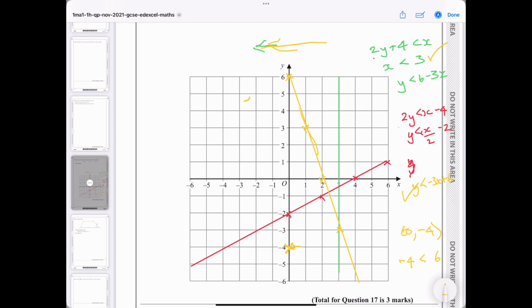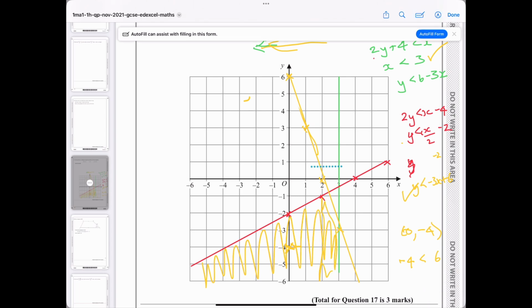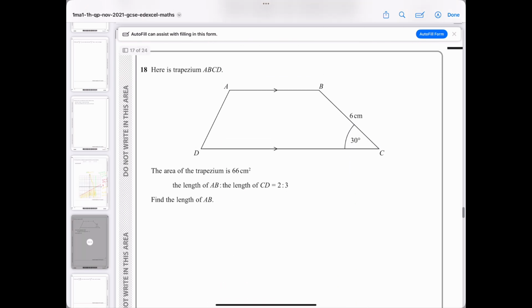And if I try this one here, let's try minus 4, half of minus 4 is minus 2. So that also fulfills that. So actually it's this bit here that we were going to use. There we go. Right, that's one of those things that's not very easy to do in one of these.